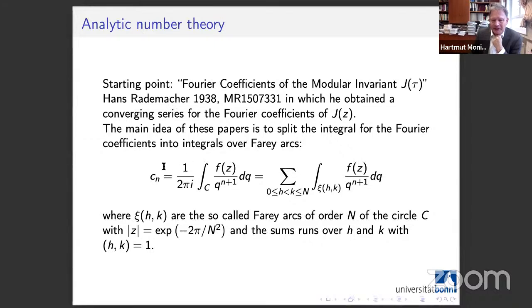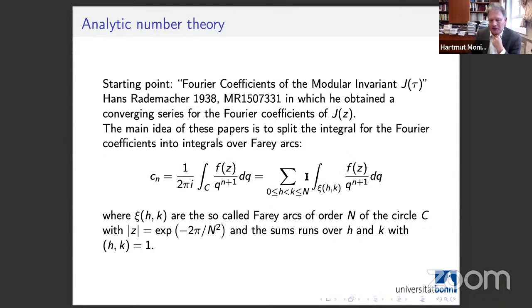The main idea there is that if you want to know the Fourier coefficients, you do a Fourier integral. The Fourier integral is over a contour C, parallel to the real axis, just above the real axis. This line on which you do the Fourier transform you can split into intervals using rational numbers.